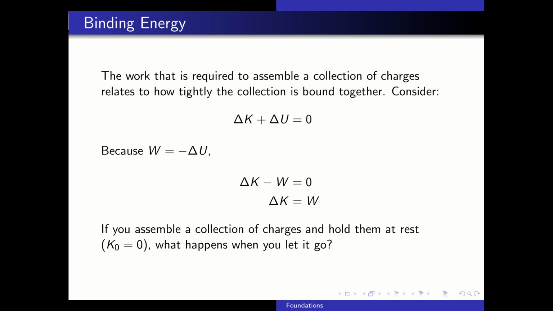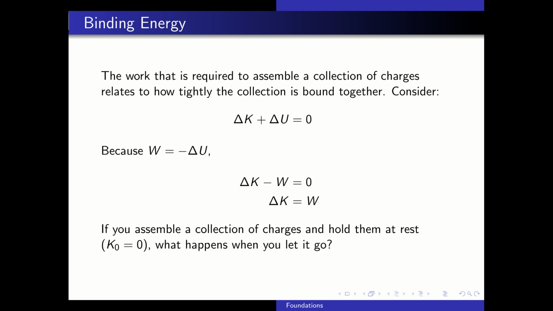Now, that total work that you do to assemble a collection of charges is related to how that collection of charges is bound together. Remember conservation of energy. Delta K plus delta U is equal to 0 when there are no non-conservative forces present.